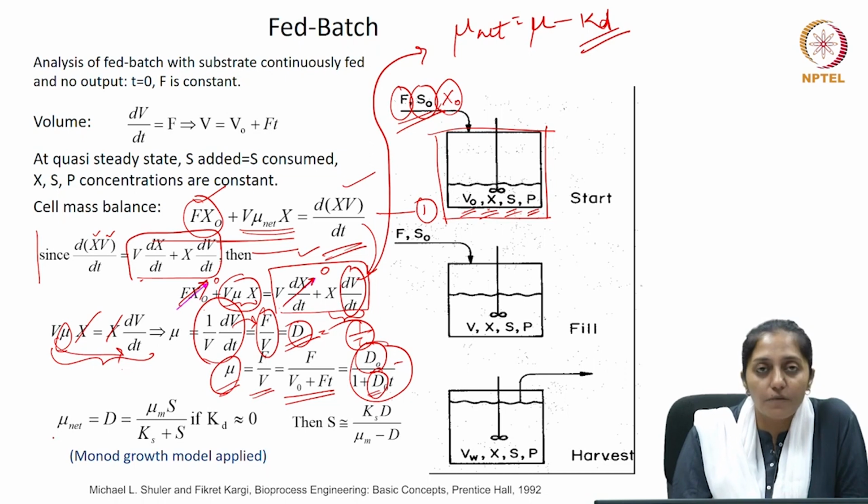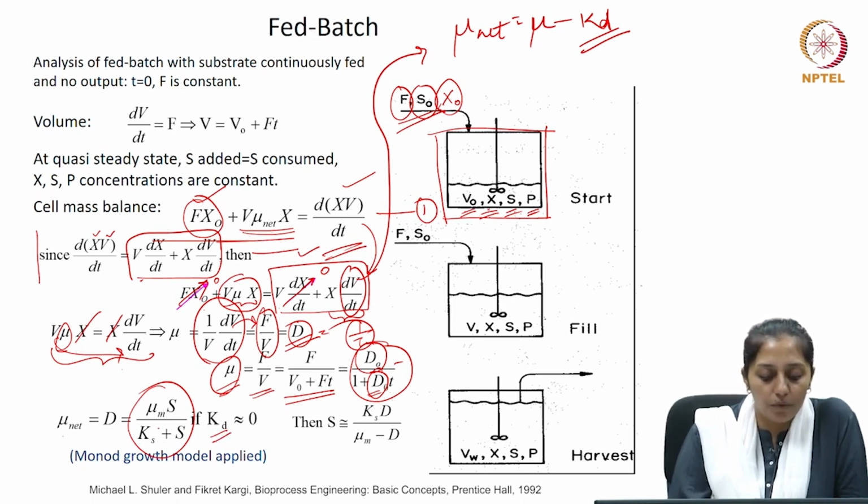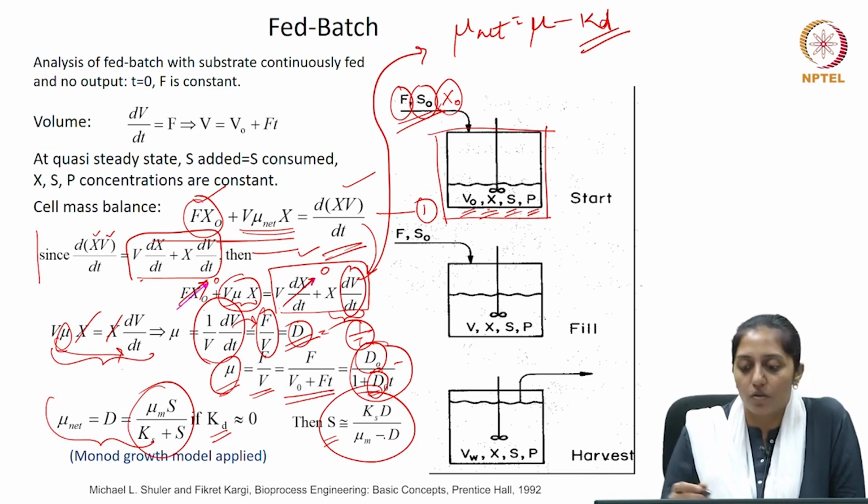Now, if this is following Monod's kinetics, then mu is equal to D at quasi steady state. The mu can be substituted as Monod's model in terms of S, if we are assuming that there is no endogenous metabolism present, and if you do the rearrangement of this equation, you will see S is equal to Ks D upon mu m minus D. So, let us see how.